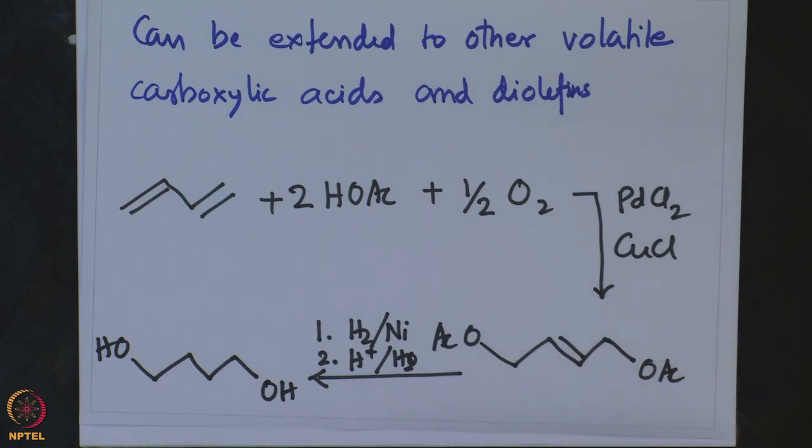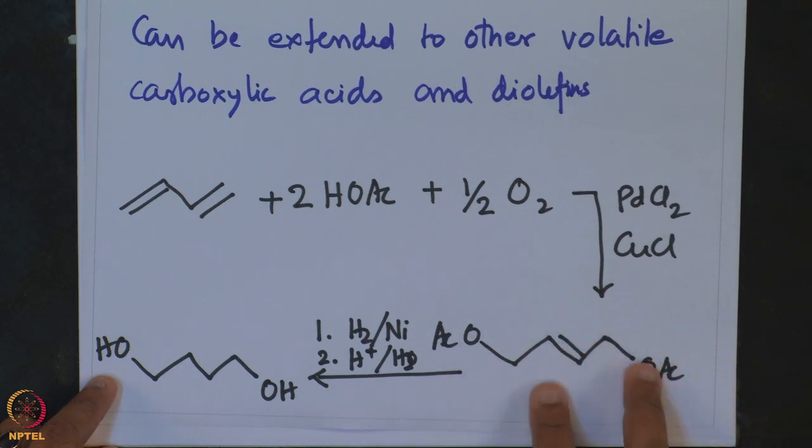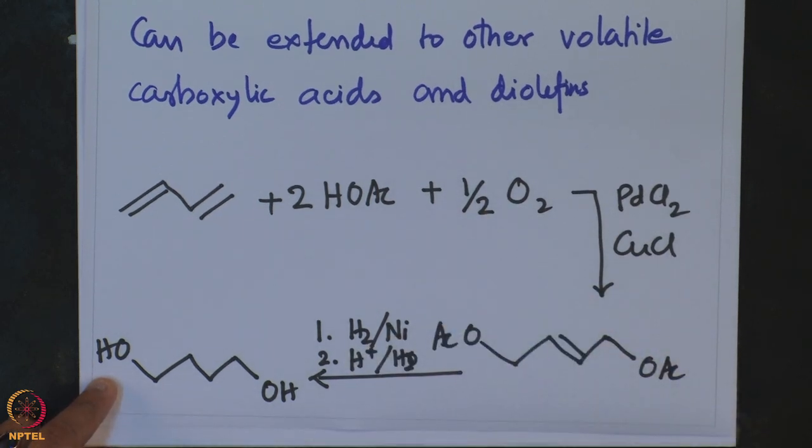So, this important intermediate 1,4-diol is obtained by hydrogenation of the diacetate, which is in turn produced by this acetoxylation of olefin. One can see the importance of the scope of this reaction.